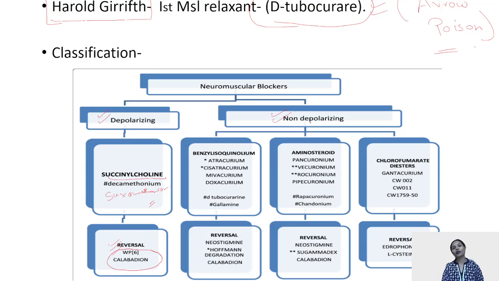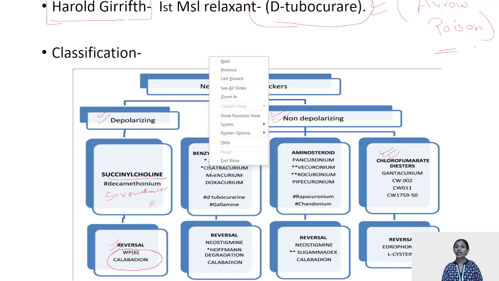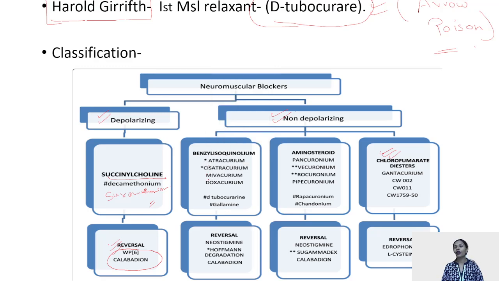When we talk about the non-depolarizing muscle relaxants, they are further divided into three categories. One, aminosteroids, benzylisoquinolines, and the latest one, chlorofumarates. The benzylisoquinolines consist of your atracurium, cisatracurium, mivacurium, and doxacurium.